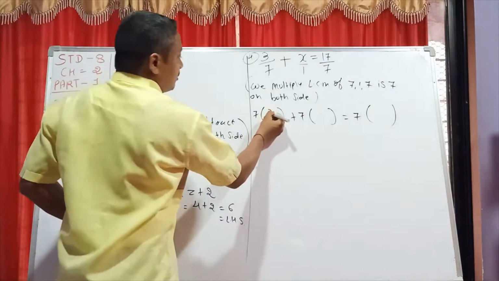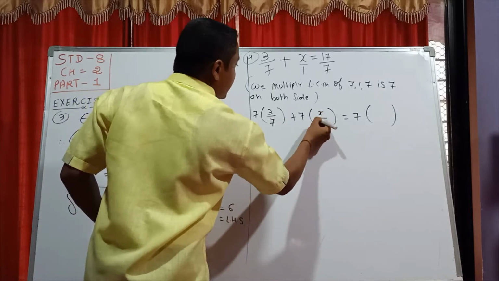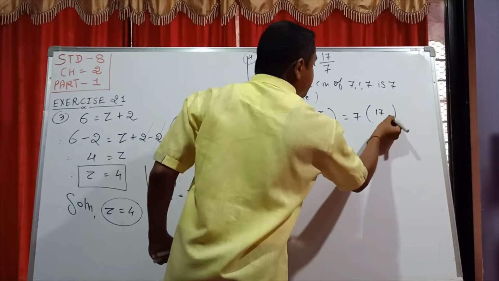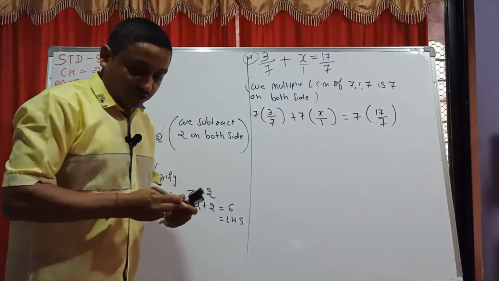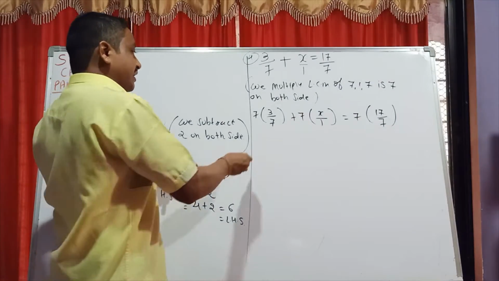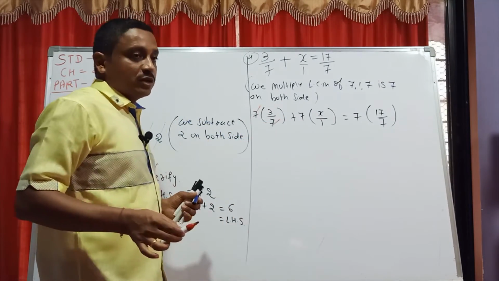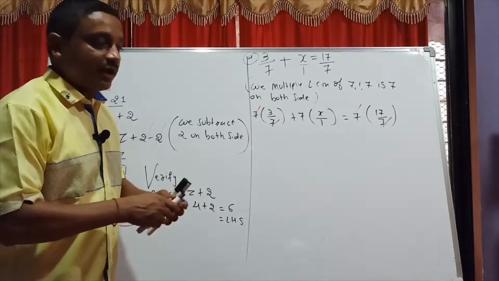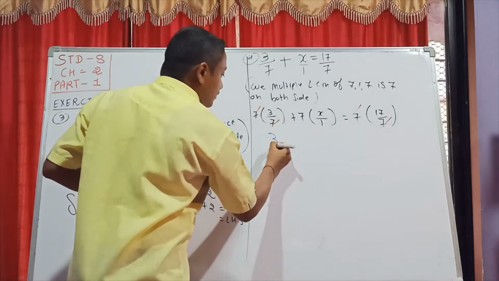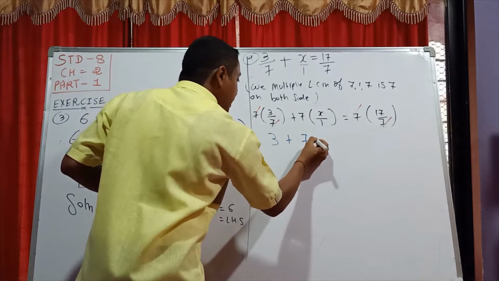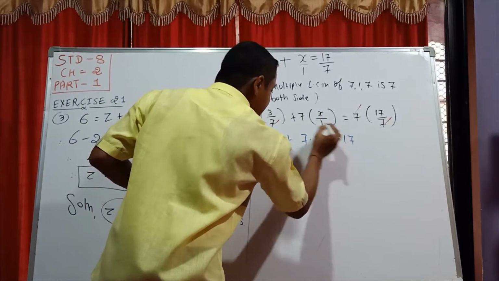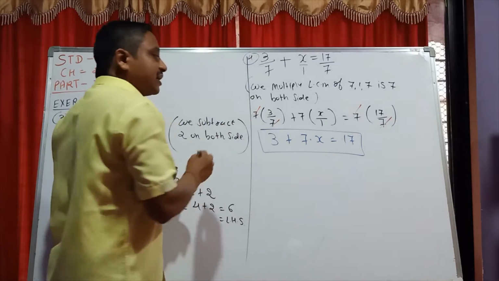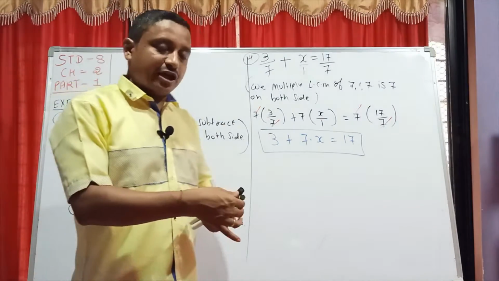So here 3 by 7, here x by 1, and here last 17 by 7. So, finally students, this cancels. Look at that, 7 and 7. Here also gone, 7 and 7. Only you have 3, 7 into x, 7x, and 17. Look at that. That's our simple, easy linear equation.